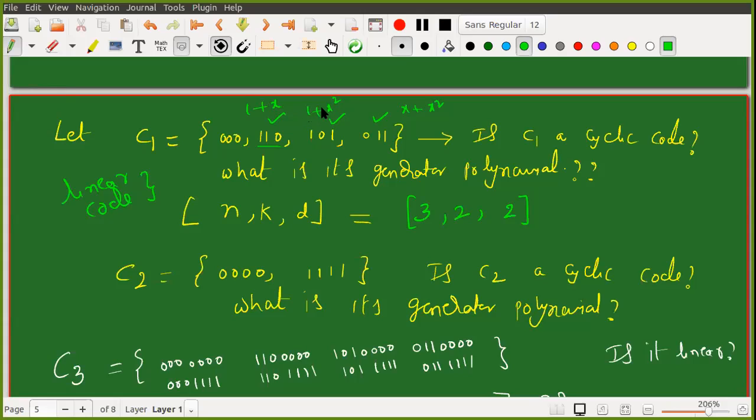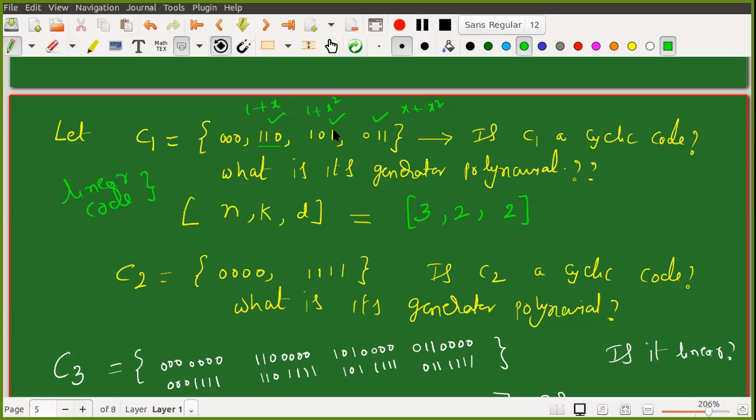If I multiply x plus x square by x square, I get x square plus x to the power 4, which is x. So I'm getting the same. What is happening? One minute. We multiply the first one: 1 plus x multiplied by x gives x plus x square. If I multiply this by x square, yes, you are correct, I'll get 1 plus x square.